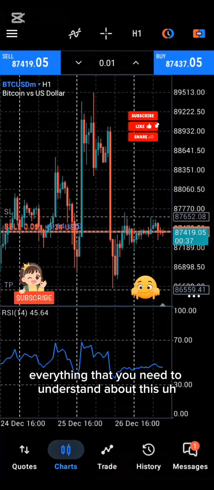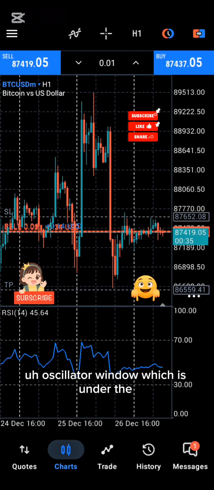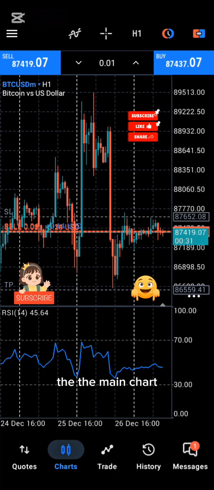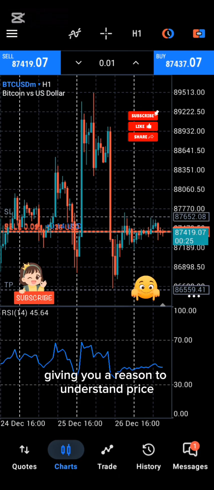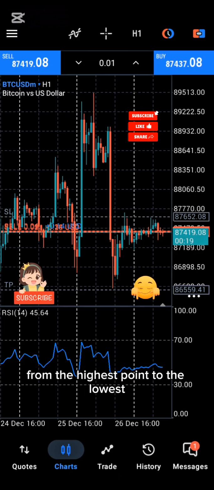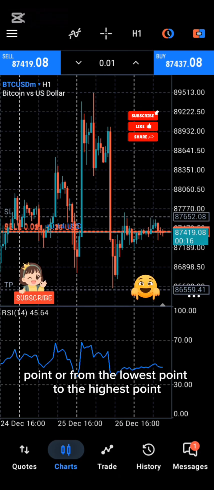Everything that you need to understand about this oscillator window, which is under the main chart, is that they are always giving you a reason to understand price conversion and price movement from the highest point to the lowest point, or from the lowest point to the highest point.